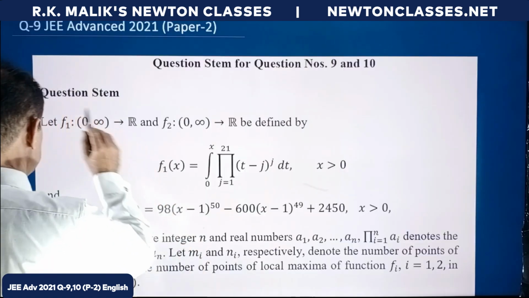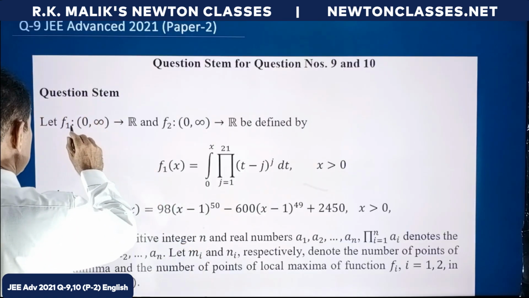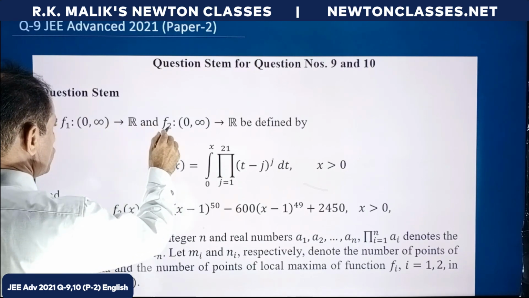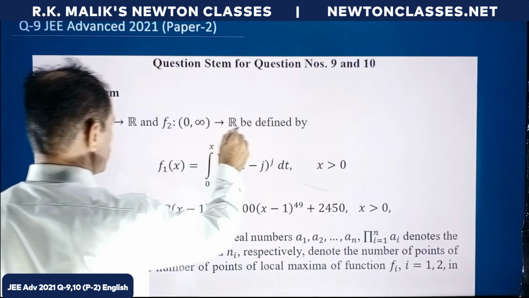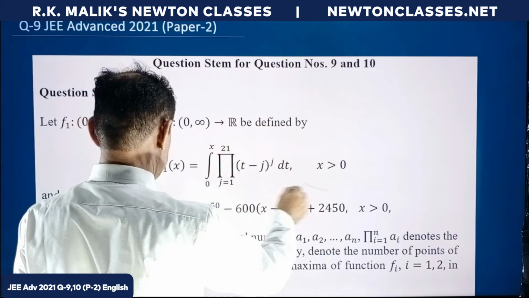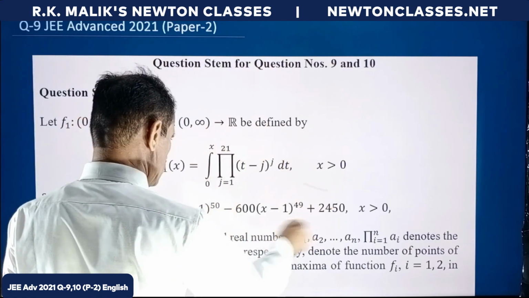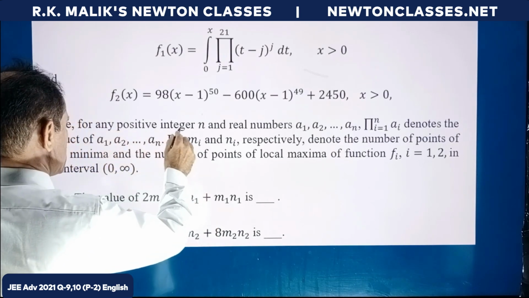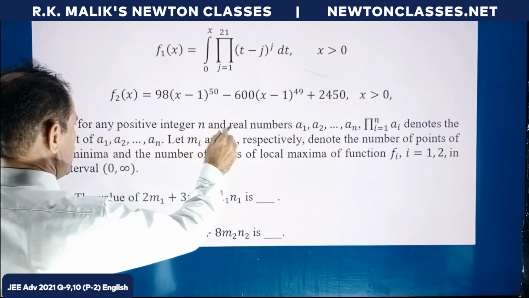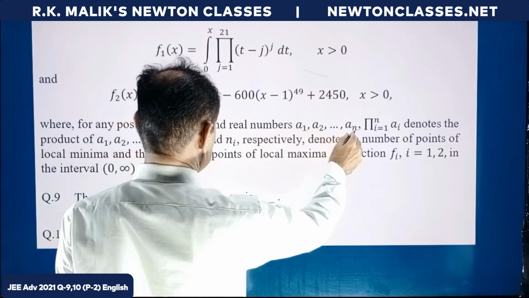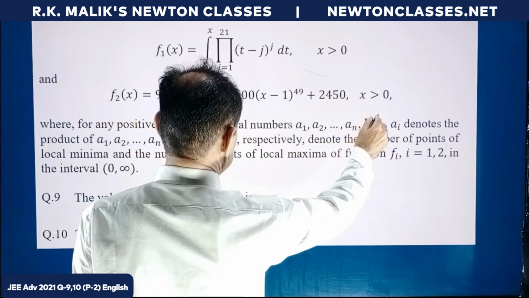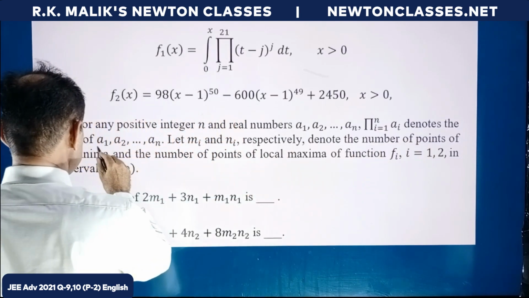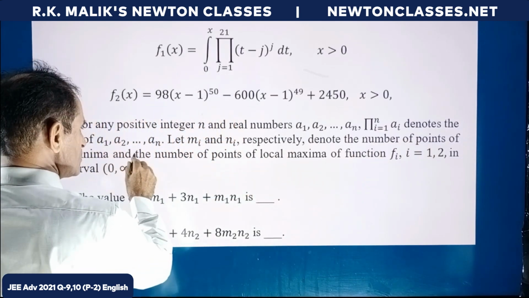In this question, it is given to you that f1 takes (0, infinity) to R and f2 also takes (0, infinity) to R, defined by f1 equal to this and f2 equal to this, where for any positive integer n and real numbers a1, a2, a3 up to an, the product notation, i equal to 1 to n, ai denotes the product of all these coefficients.